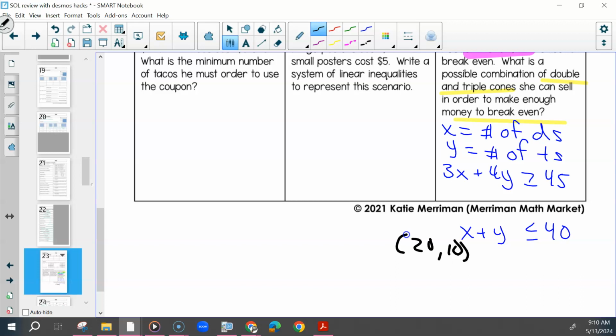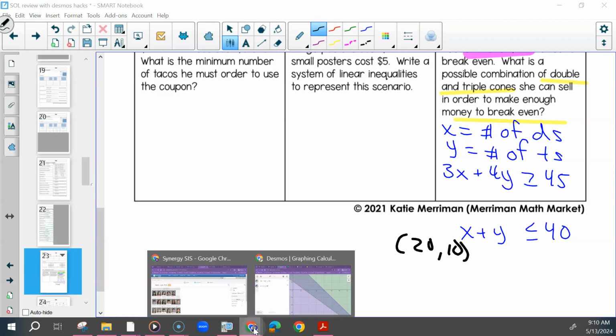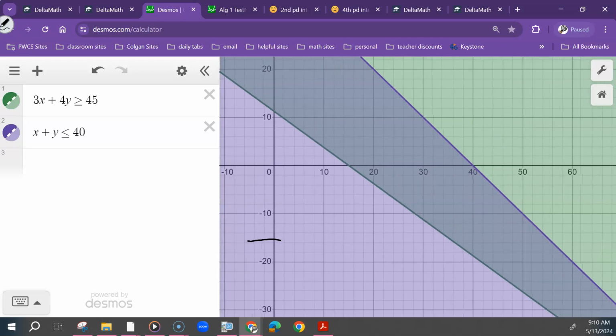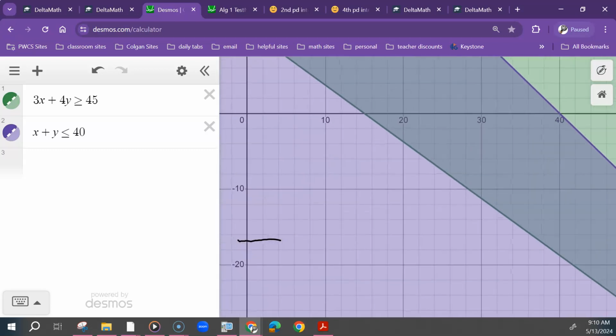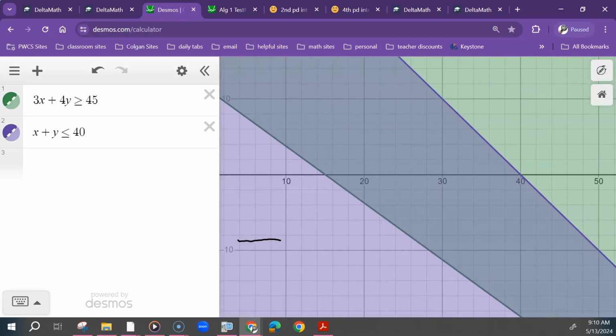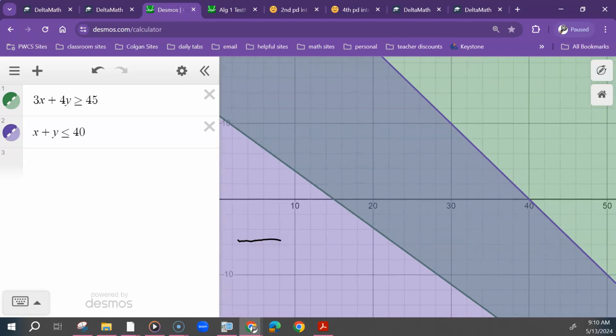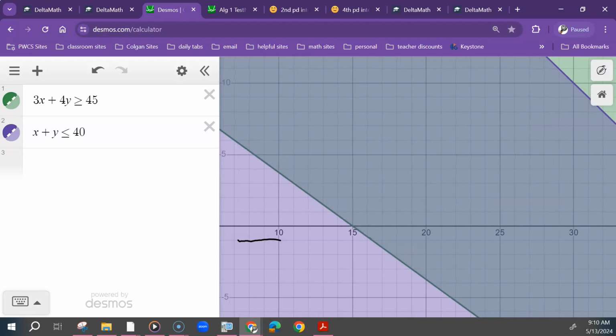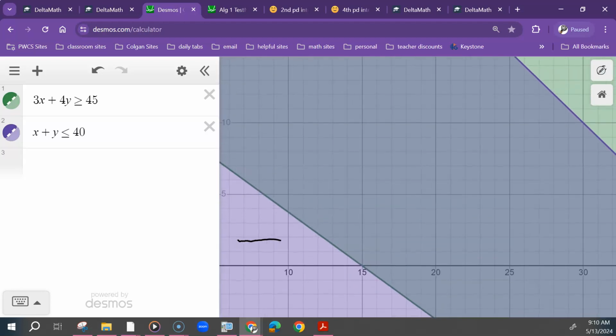Give me one more. 25 double scoops and 11 triple scoops. So 25 and 11. Okay. Because that would still be in here. 25 and 11 would be about right there.